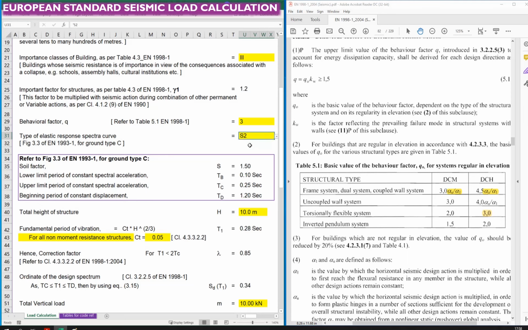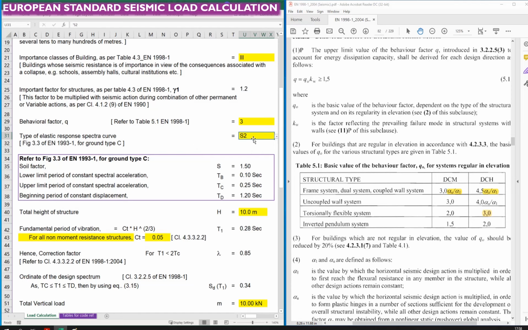There won't be any much bigger difference by selecting this. Only some 4% of difference might be there while finding the seismic base shear. So S2 has a more critical value of seismic base shear compared to S1. So I am choosing S2 for my critical design criteria.